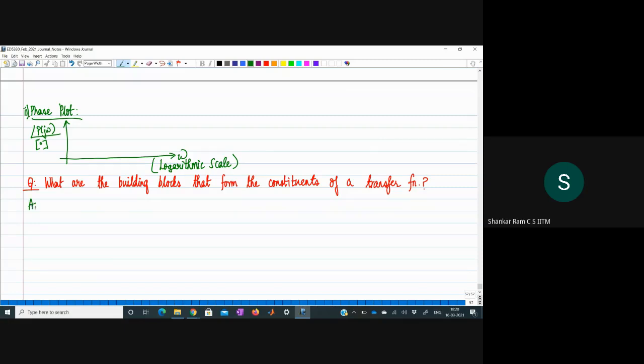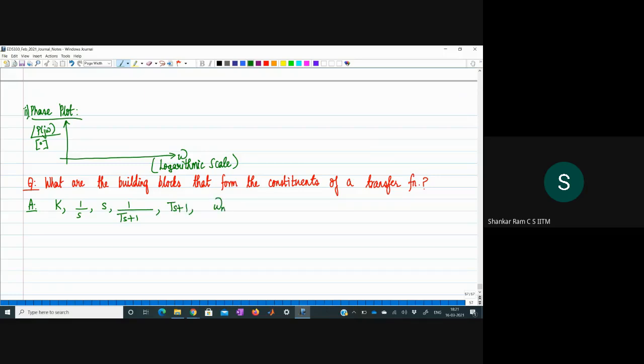The answer is the following. If you look at any typical transfer function, we may have a constant scalar k. We may have an integral term 1 by s. We may have a derivative term s. We may have a first order term of the form 1 by Ts plus 1, and then the reciprocal of that, Ts plus 1.